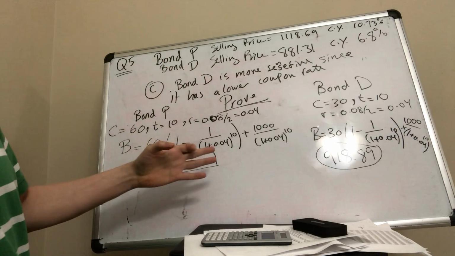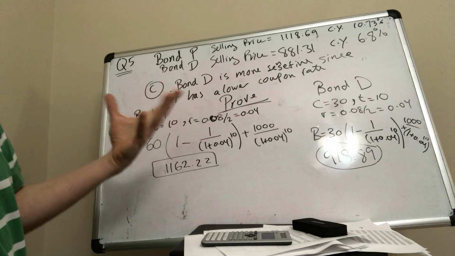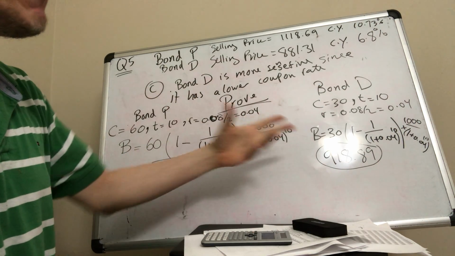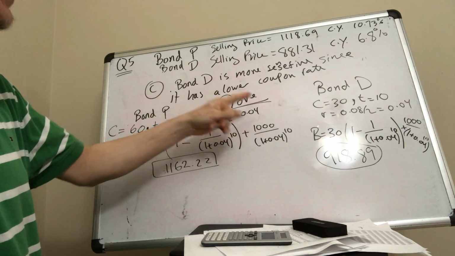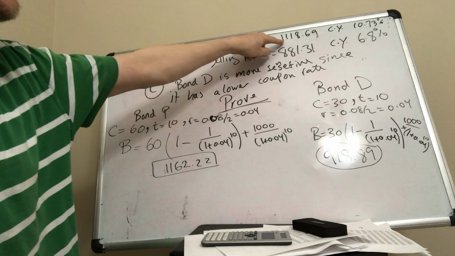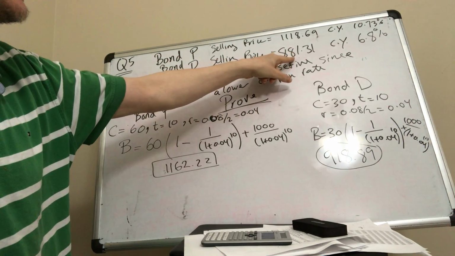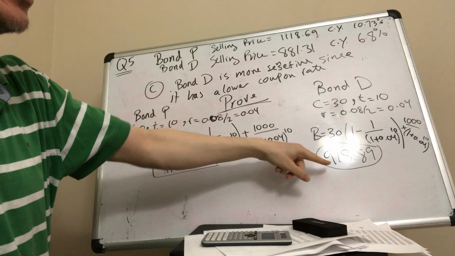So this is what's going to happen, but again, we need to prove that this one is more sensitive, meaning that it's changing more. The first one changed from 1118 to 1162, and this one changed from 818 to 918.